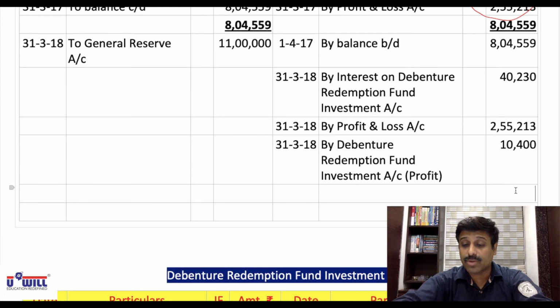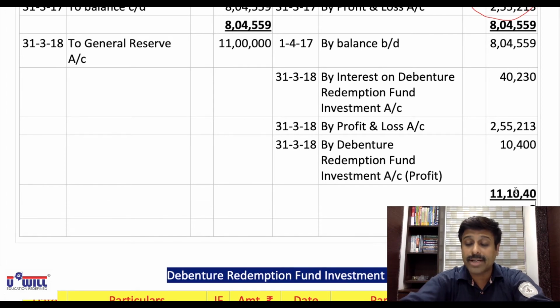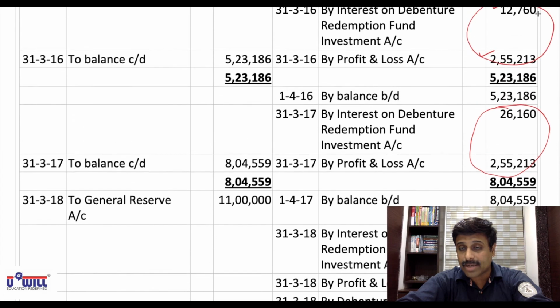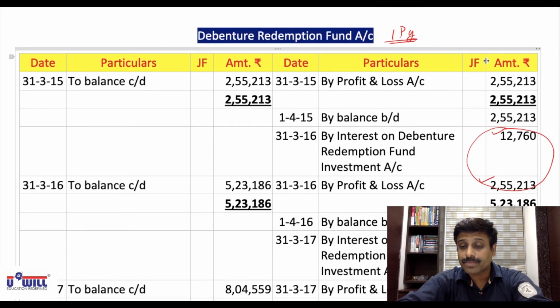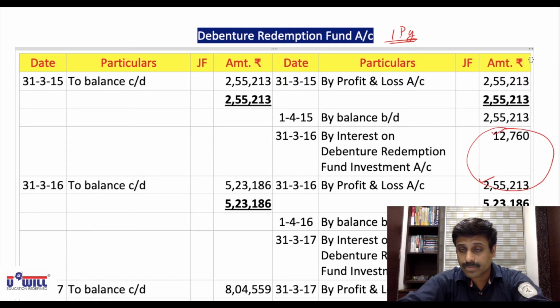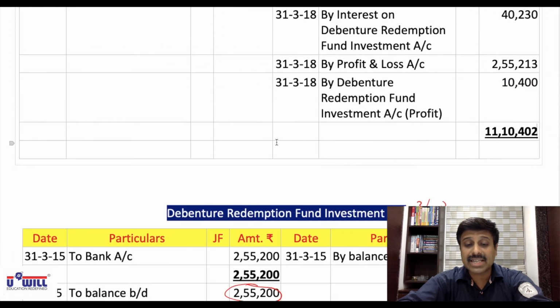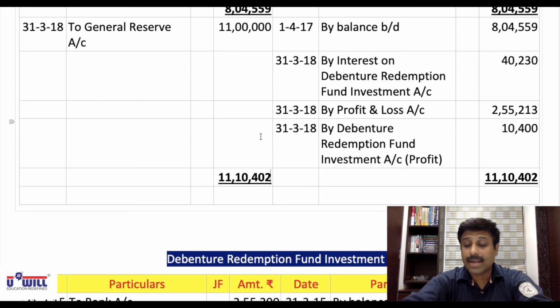Credit side total is more. First all of you write down 11 lakh 10,402. Write it on both the sides, everyone. Both the sides 11 lakh 10,402, and minus 11 lakhs.